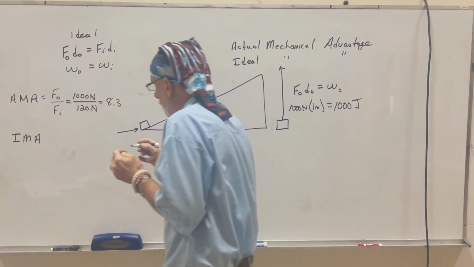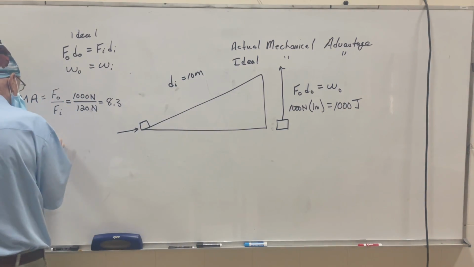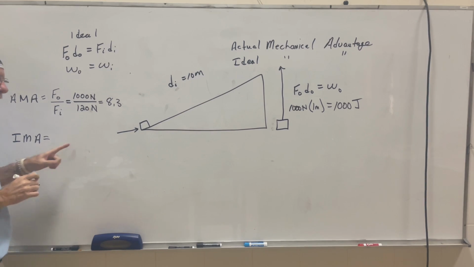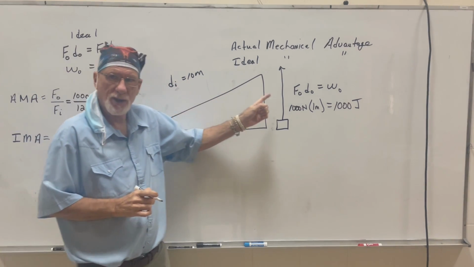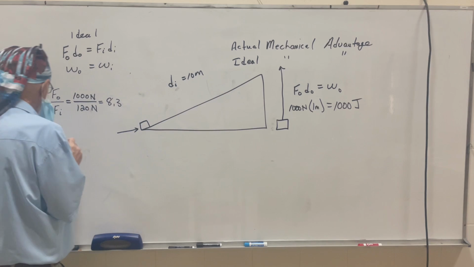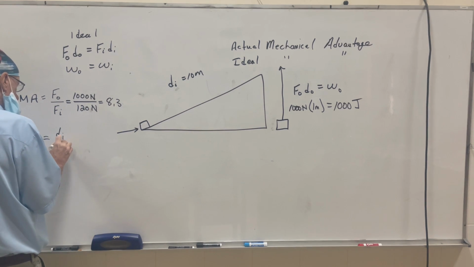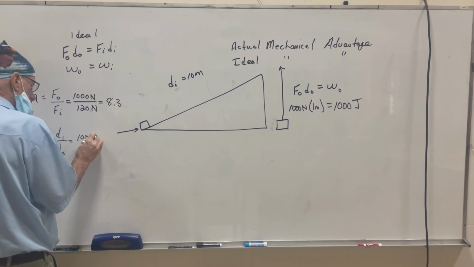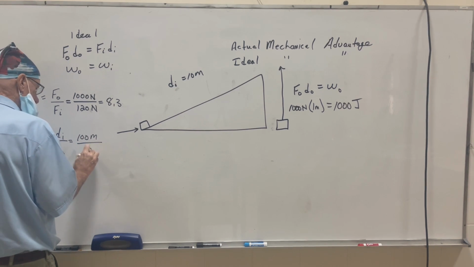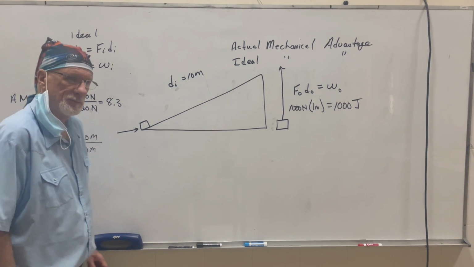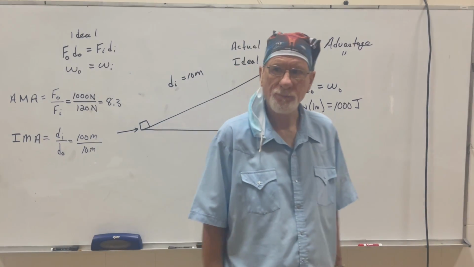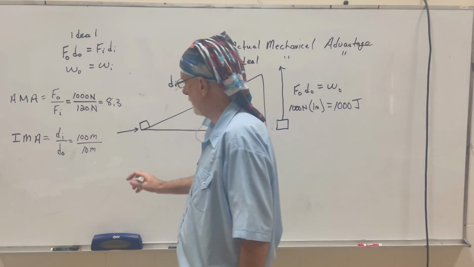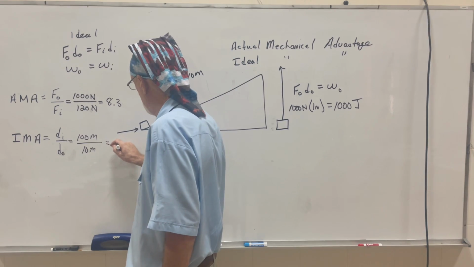And so for the ideal mechanical advantage, larger number over smaller number, is going to be DI over DO, which is 100 over 10. Right? And that's going to be equal to 10.